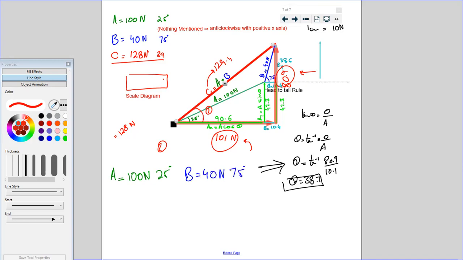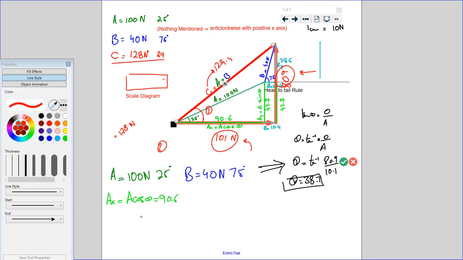Find their rectangular components in the X and Y direction. When we did that, AX is A cos theta, by using the trigonometry adjacent component, and we get an answer of 90.6.